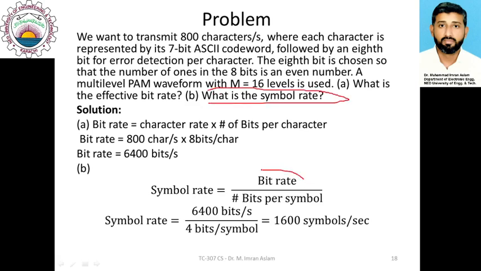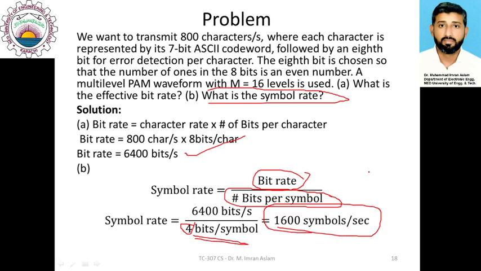Whatever bit rate we have, we can divide it by the number of bits per symbol, k, which is 4 bits per symbol, in order to calculate the symbol rate. The bit rate has already been calculated in the previous part, 6,400 bits per second. If we divide it by the number of bits per symbol, which is 4, we get 1600 symbols per second.